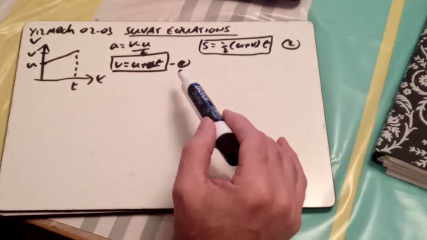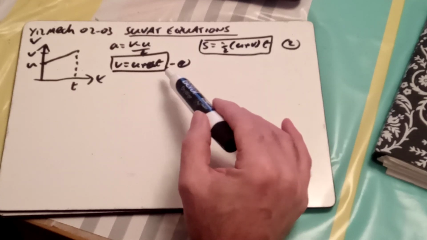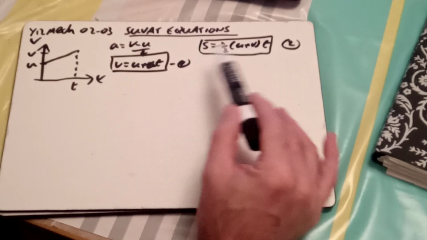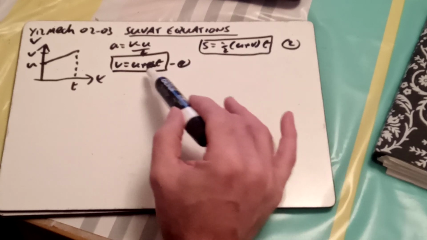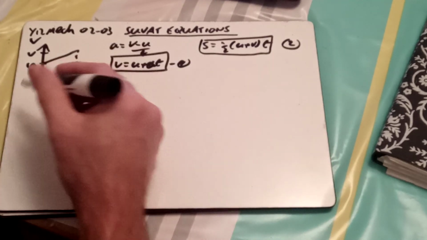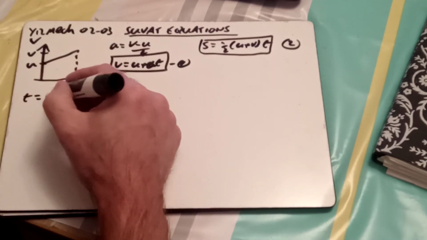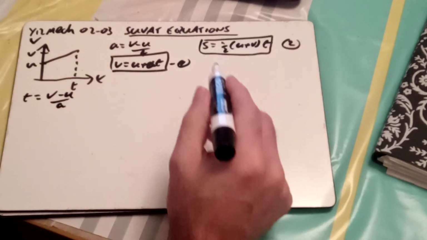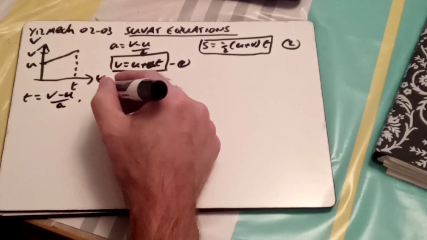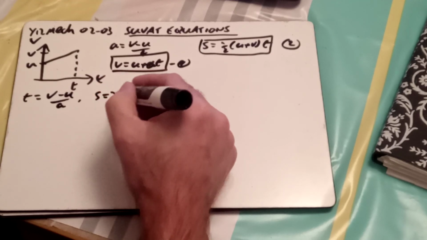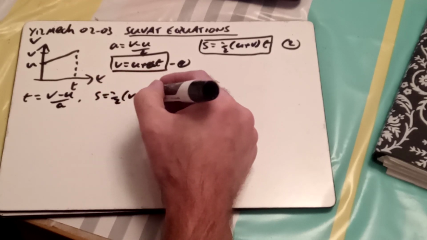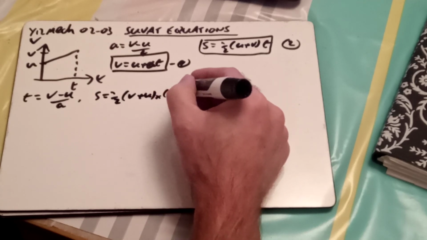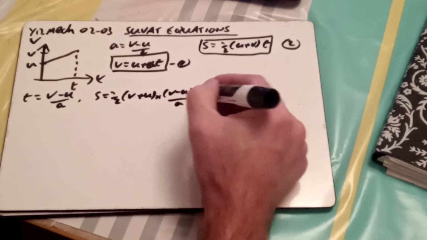To get the other 3, all I'm going to do is a bit of algebra. I can rearrange the first equation to get t equals v minus u over a, and I'm going to sub that into equation 2, with a slight difference. Instead of u plus v, I'm going to write v plus u, and then times v minus u over a.